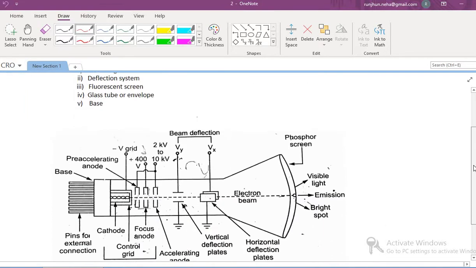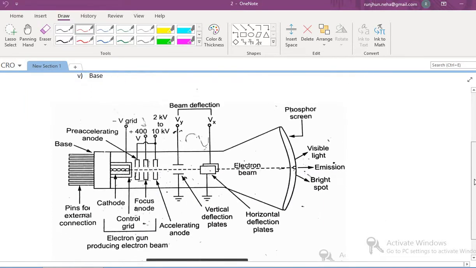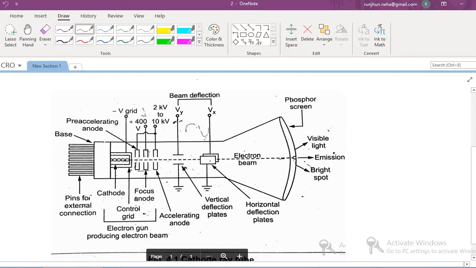There are five main parts of the CRT as shown below. The first part is known as the electron gun, which usually consists of the focusing anodes as well. The second part is the deflection plate assembly, consisting of vertical and horizontal deflection plates responsible for the deflection of the electron beam.